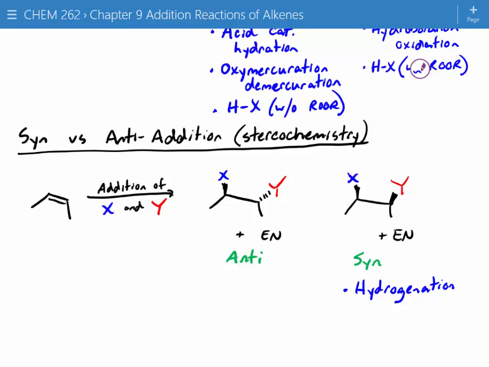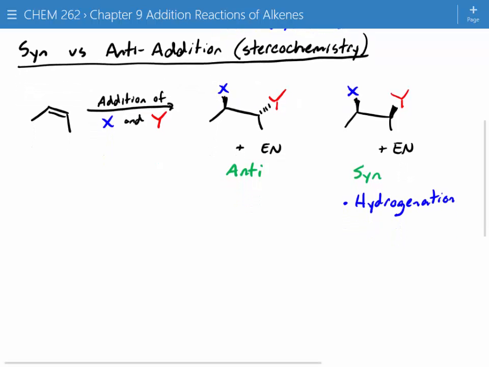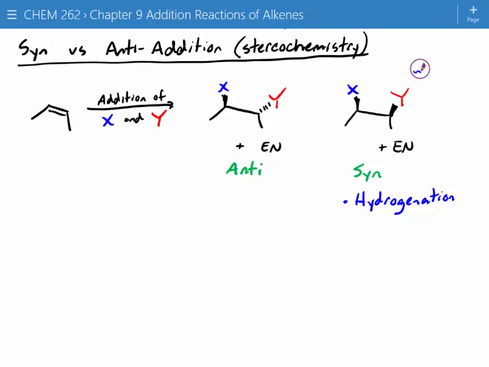All right, what about if we want to do a diol, but we want it to be syn? What do we use? So X and Y are both alcohols, and we want them to be syn. So syn diol formation.